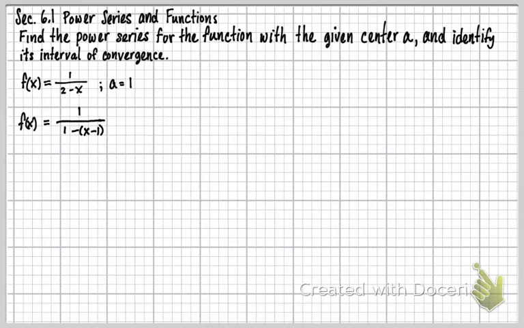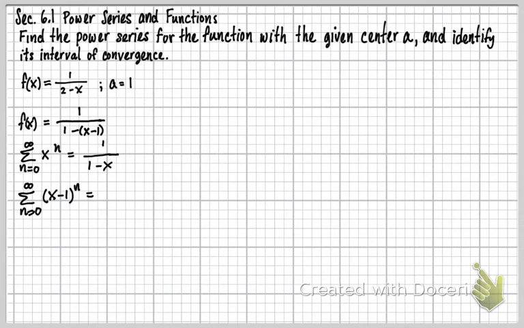I know the power series, and I'm just going to write the one I know already: the sum from n equals 0 to infinity of x to the n, and we know that equals 1 over 1 minus x. So the series we want is going to be x minus 1, because that's what we subbed in for x here, and then that's going to be to the n. So that's going to go in for that x, and that's why we do it.